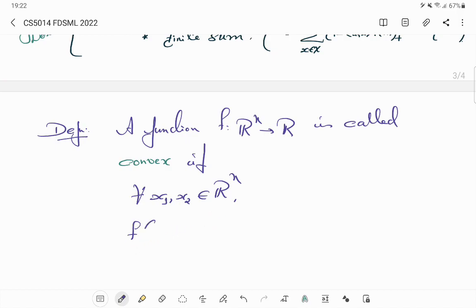We try to evaluate f at lambda x1 plus 1 minus lambda x2. By the way, this makes sense even when x1 and x2 are vectors. Remember, x1, x2 are n-dimensional vectors. So this is a point on the line joining x1 and x2 in the n-dimensional space. If lambda is very small, this will be close to x2. If lambda is very large, it will be close to x1. This should hold for all lambda in [0, 1].